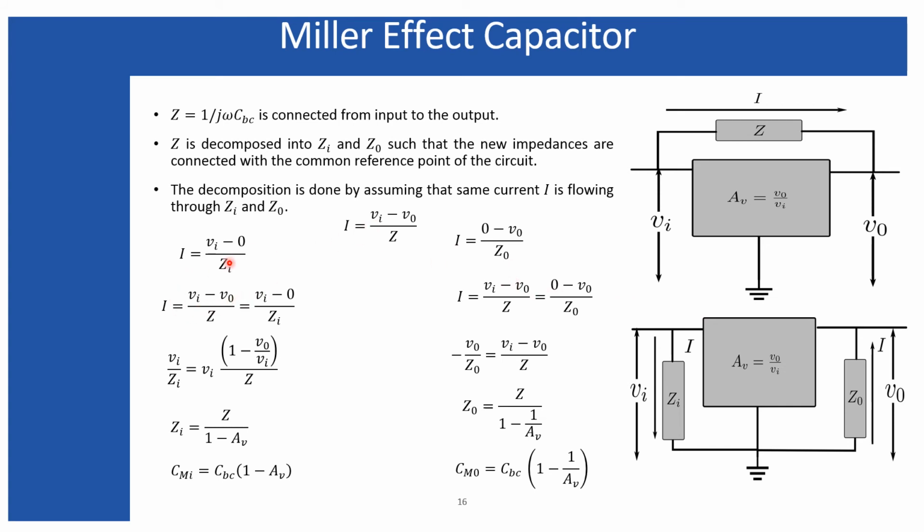And since these three currents are the same, we can equate these two currents and these two currents separately. When we are equating these two currents, that is Vi divided by Zi becomes equal to Vi minus V0 divided by Z. So we have this equation. And similarly, when we equate these two, I'm getting this equation.